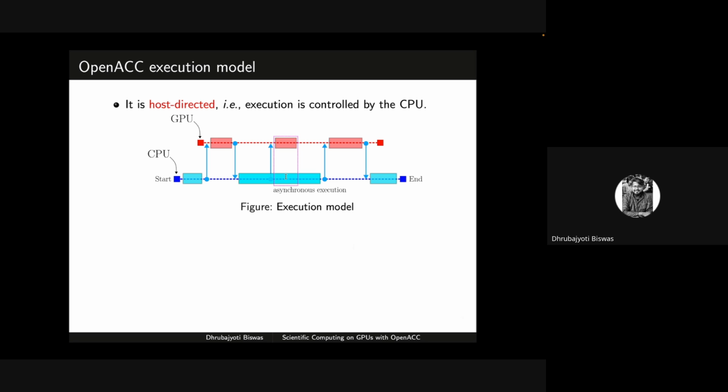What is that? That is shown here. Your CPU is executing, like from 1 you have returned here. You have got back whatever data you want and so on and so forth. And now your CPU is executing. Now let us say after this point, there is some calculation you want to do on the GPU, which is here, but the CPU calculation is not dependent on it.